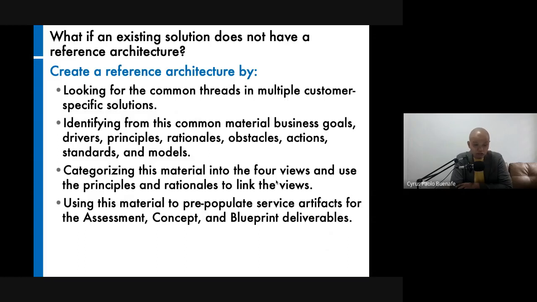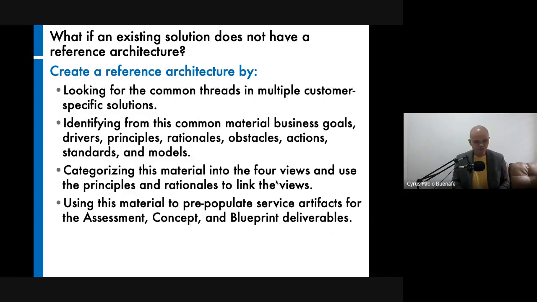Well, you try to create a reference architecture eventually by looking at the common threads across multiple customer specific solutions. By this time, if you've built experience doing architecture for more than one company, especially in the same industry, you will see common threads, common topic areas.